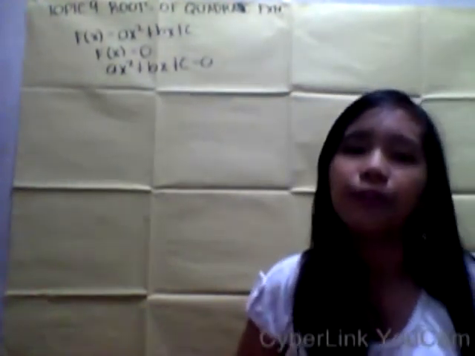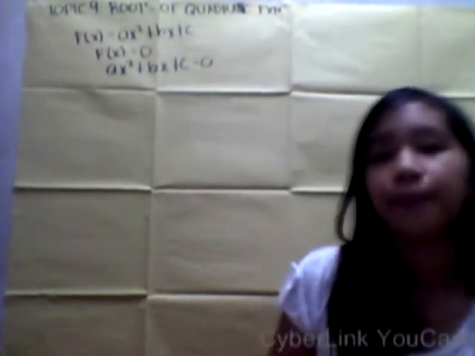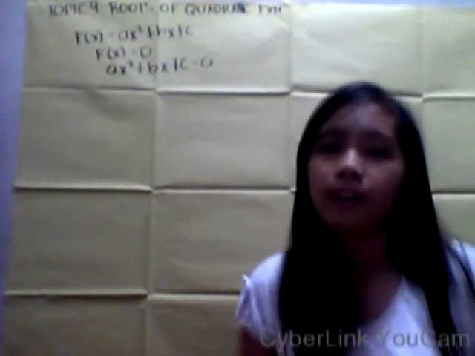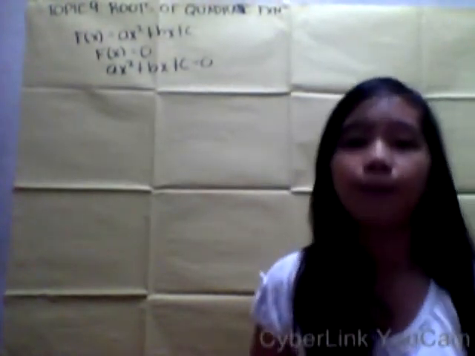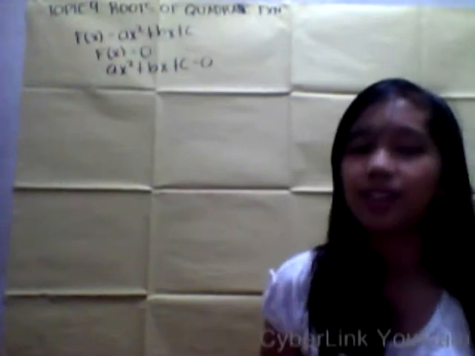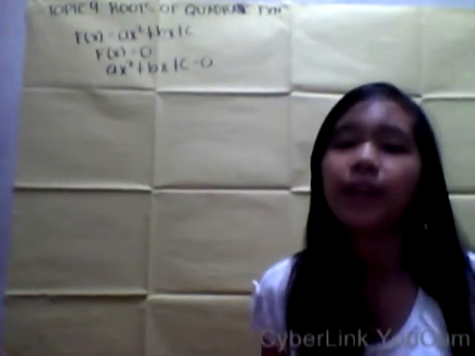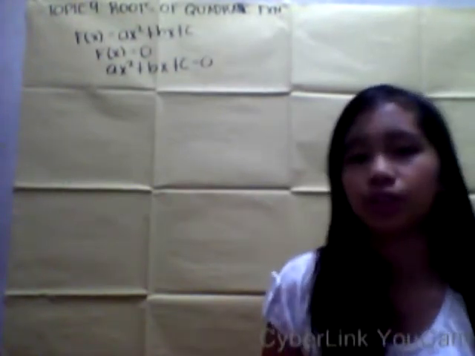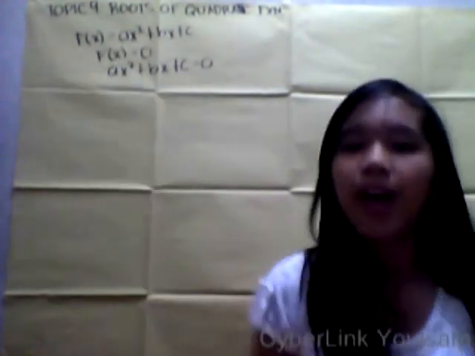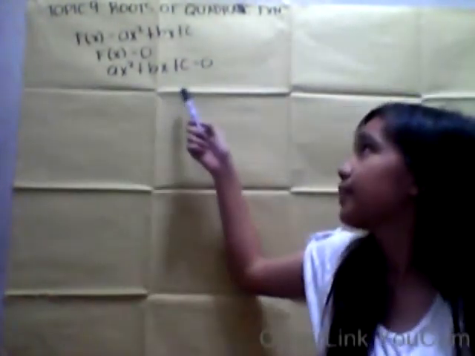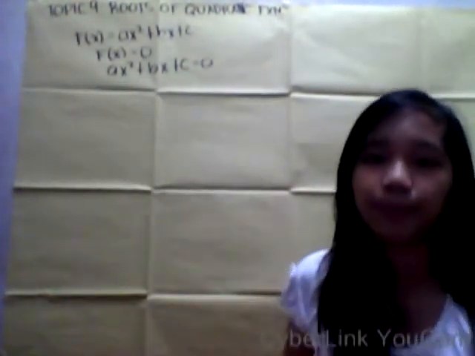The roots of a function are the x-intercepts. By definition, the y-coordinate of points lying on the x-axis is 0. Therefore, to find the roots of a quadratic function, we set f of x equal to 0 and solve the equation ax squared plus bx plus c equals 0.